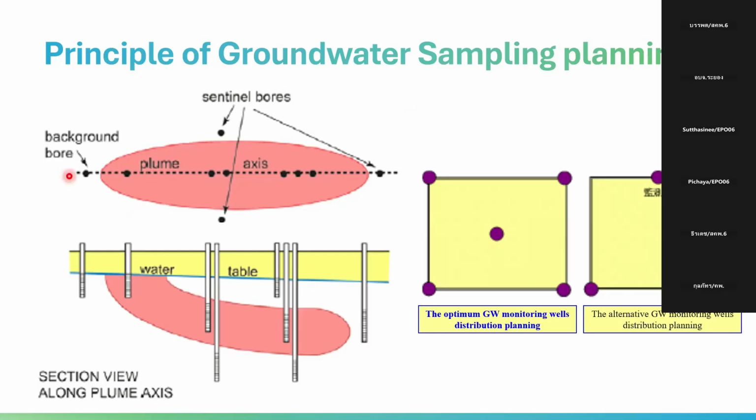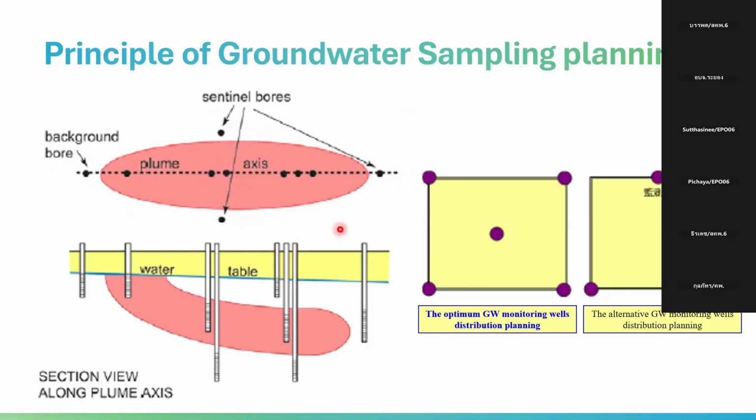So if the source is here, you can set up sample points here and here, trying to figure out the distribution of the plume, and install groundwater wells in this kind of line, trying to figure out the whole distribution of the plume.